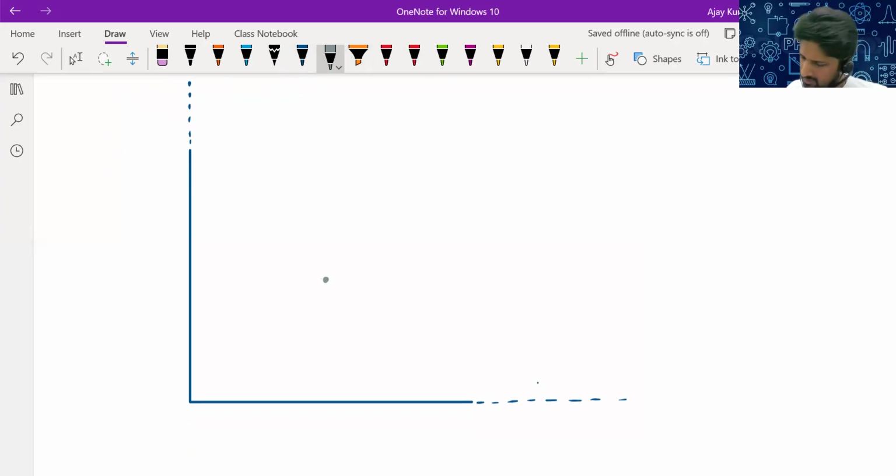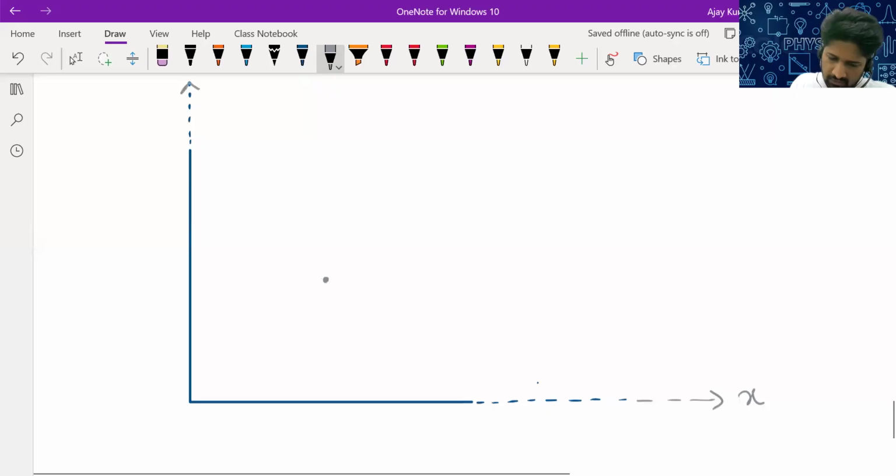Let me make it more mathematical. Assume this is the x-axis and assume this is the y-axis. So it's an infinitely long wire. It is bent at a right angle exactly at the origin. Calculate the magnetic field produced. I have to give you the direction of current also. Assume current is flowing this way.